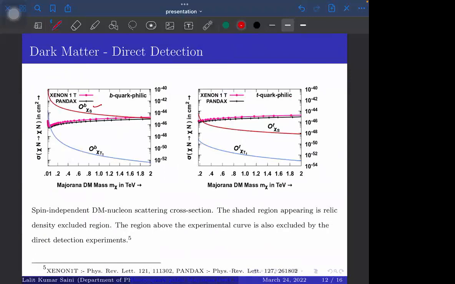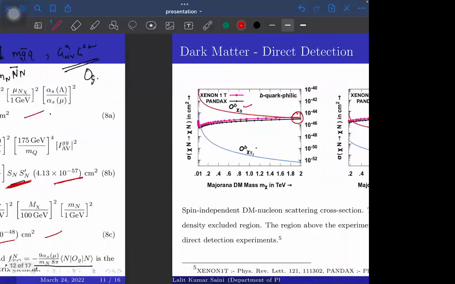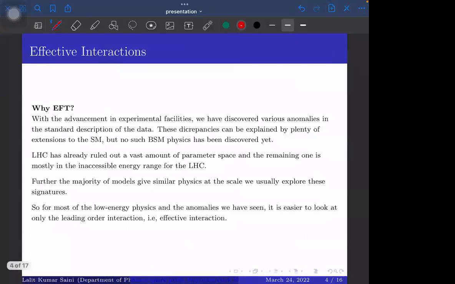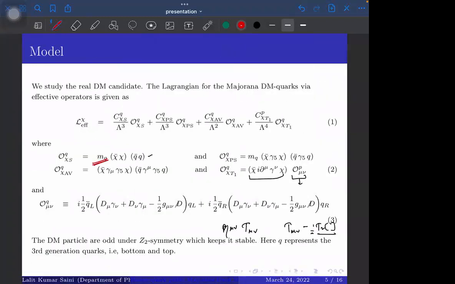As you can see, the top-philic is almost allowed for the whole range, but the bottom-philic is excluded for almost all of the range except at the very end. For the top case, the twist operator is allowed, and the scalar operator is also allowed. This is because in this operator there is a mass factor here, and because I have tried to keep my operators in a gauge invariant form.